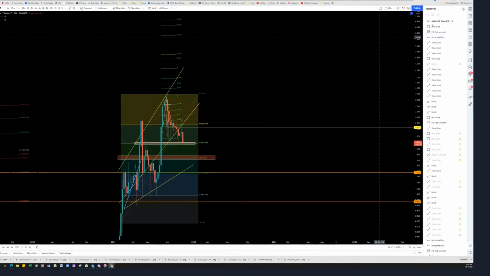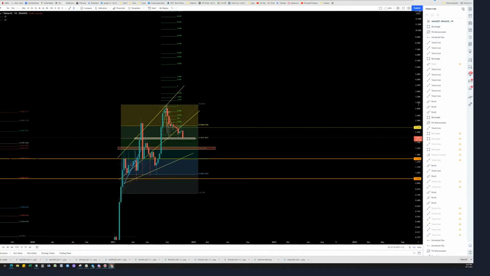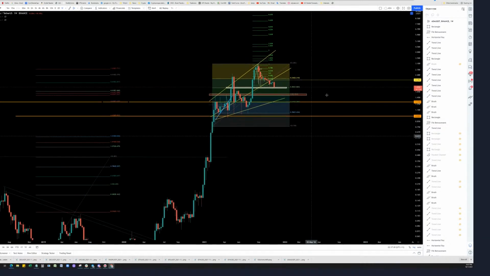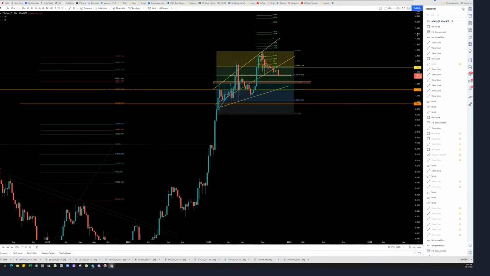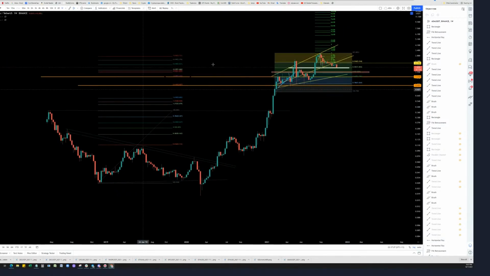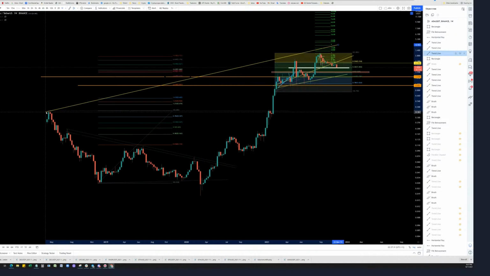Actually, let's see on the bigger picture what we have. What we had, and I knew this way back, was that this was definitely a trend line to respect.